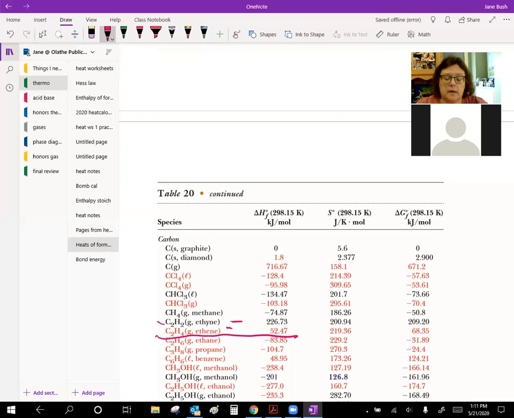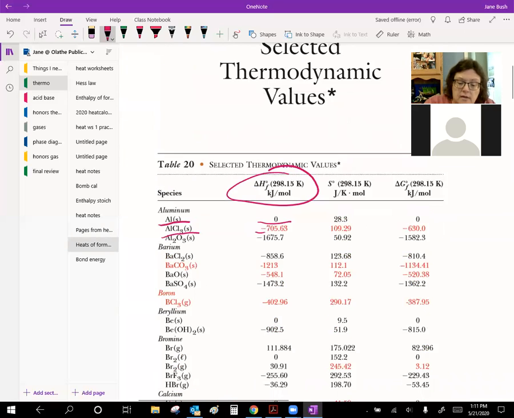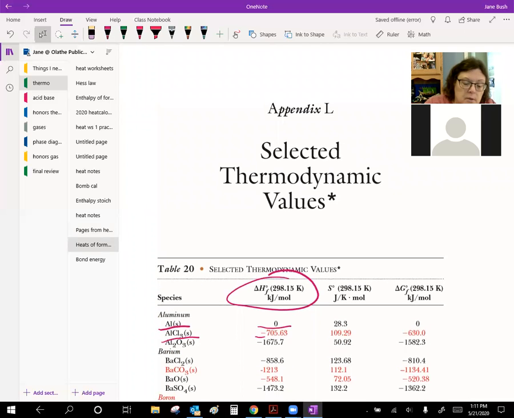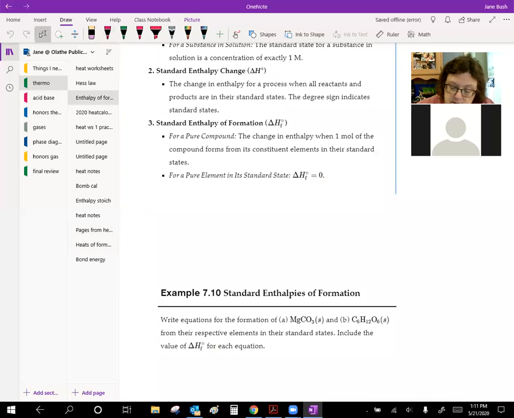meaning in order to form ethene and ethyne, you have to put energy into the system. So when you ask, and this is a question, if it asks you which one of these shows you the proper heat enthalpy of formation for a compound, the enthalpy of formation means it's coming from its elements.